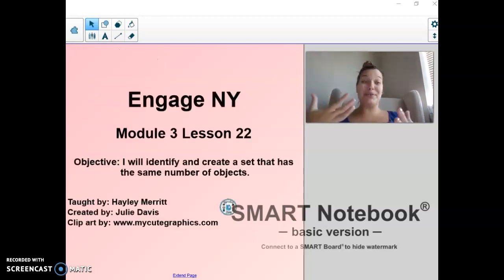Okay, I'm looking so forward to seeing those pictures in your exit tickets today. I just can't wait. You guys are very creative, so I'm very excited to see everything you drew. But what we learned today was that we can see a number, we can recognize it, which is huge, and then we can create a set. And a set is 2 different things of objects.